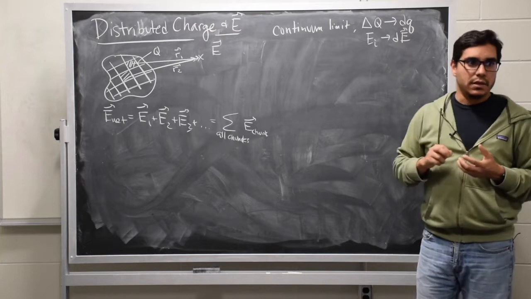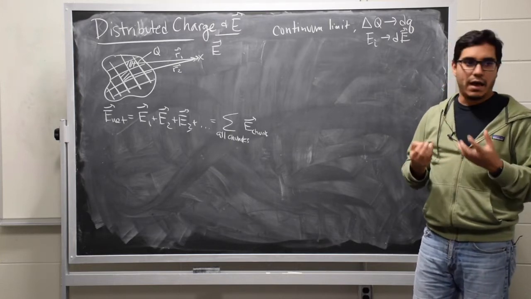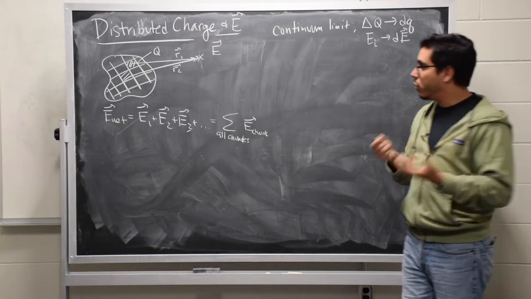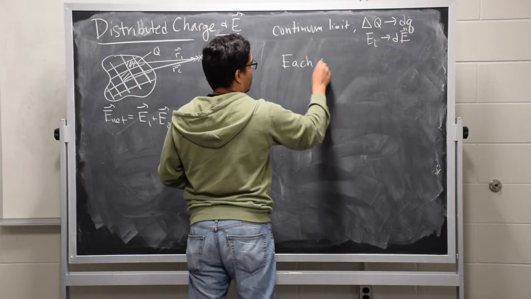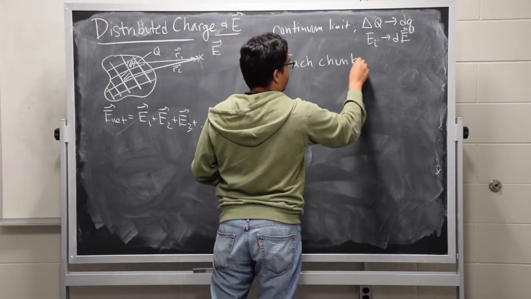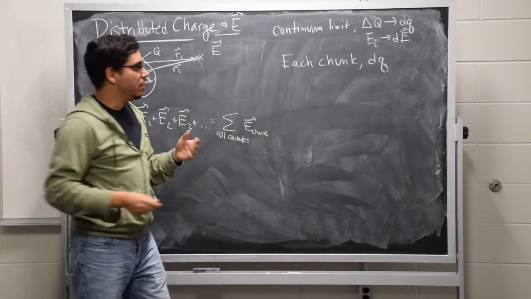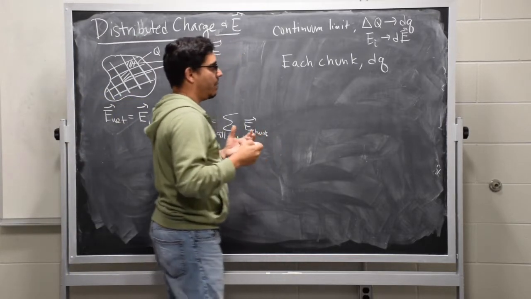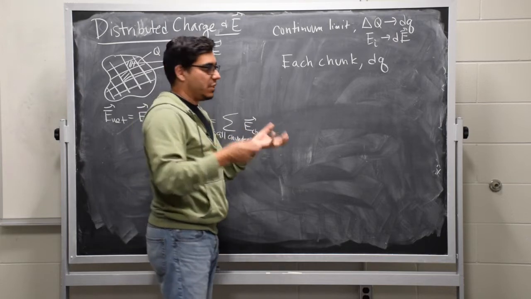We'll call that dE. And so what we have is a very simple description of how each of these little chunks of charge works. Each infinitesimal chunk of charge, dq, which we'll talk about in more detail in another video, will contribute an amount of electric field that is like a point charge of dq.